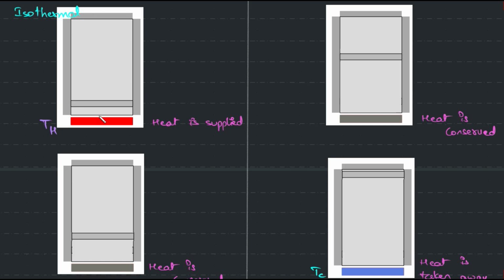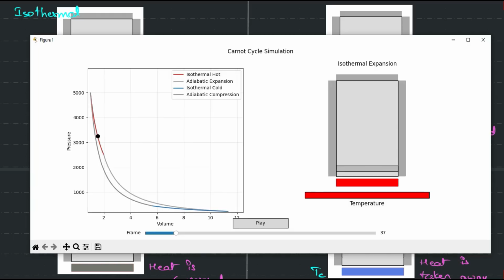The temperature will remain the same throughout the movement of the piston. As the piston is going up, from here to here, can you see the temperature? What's happening with the temperature? You guys observe the temperature now. What is happening with the temperature?